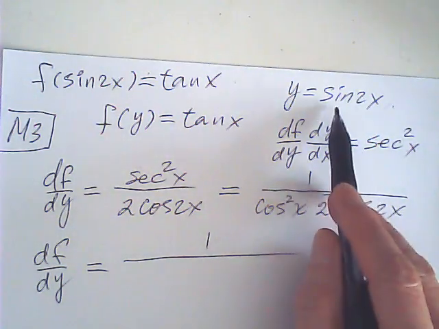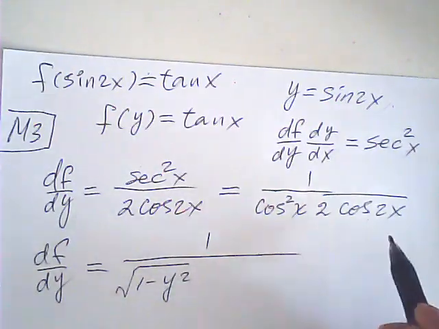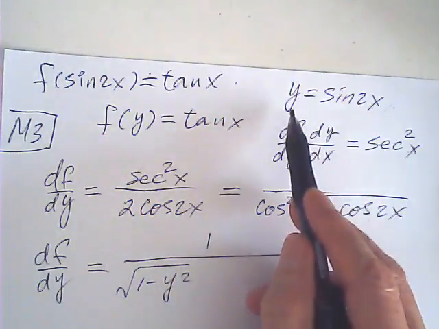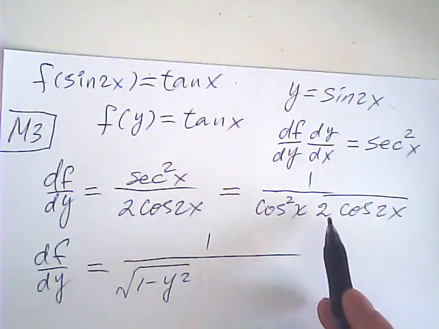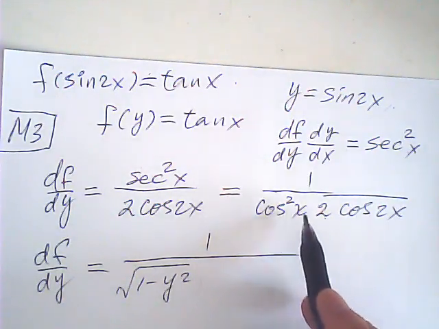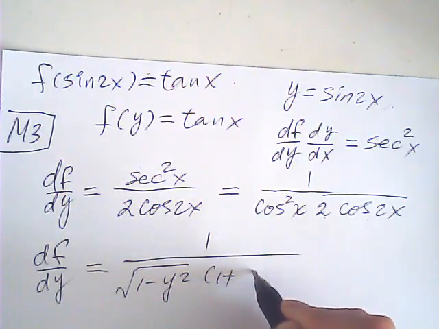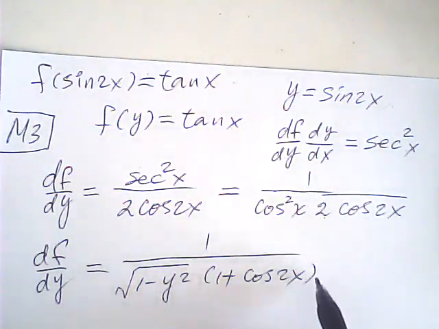Cosine 2x is what? It is 1 minus 2 sine square, right? This is this, because y is equal to sine x. Now 2 cosine square is 1 plus cosine 2x, that is 2 cosine square x.